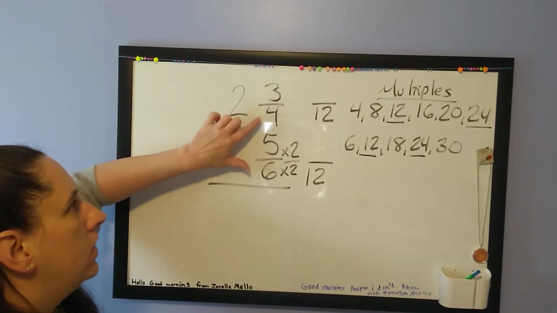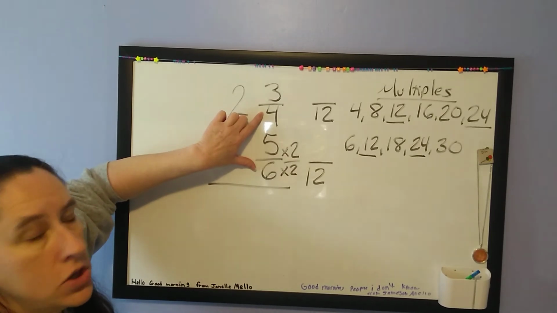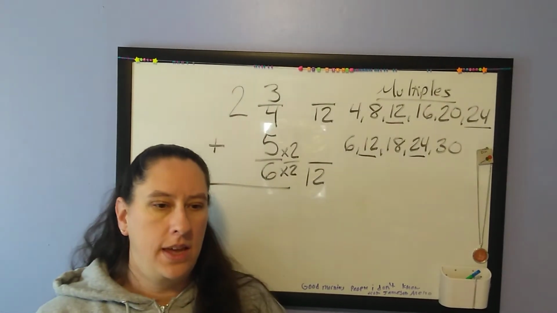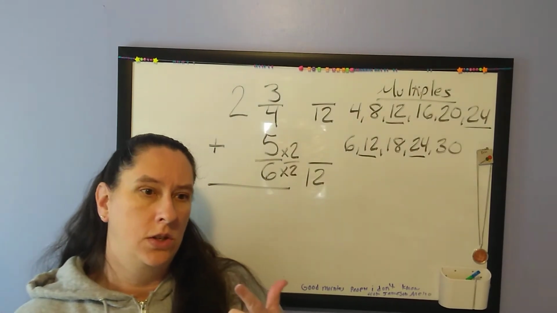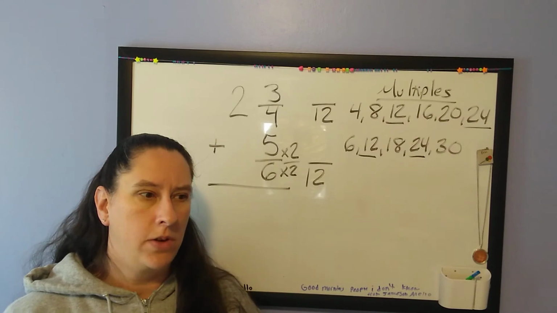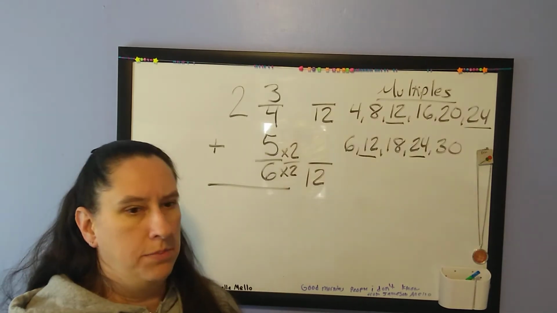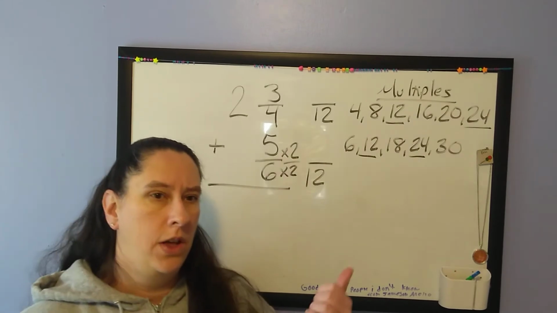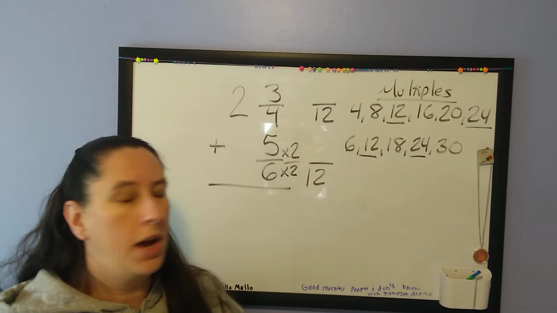But I cannot add or subtract fractions if they do not have the same denominator. It's kind of like saying if I have 1 apple plus 2 bananas, I don't have 3 apple bananas. I would have to change it to maybe fruit. So I would have 3 pieces of fruit. So we need to find something that they have in common.